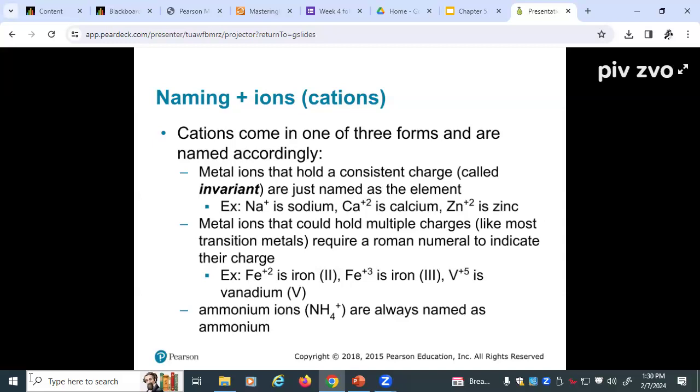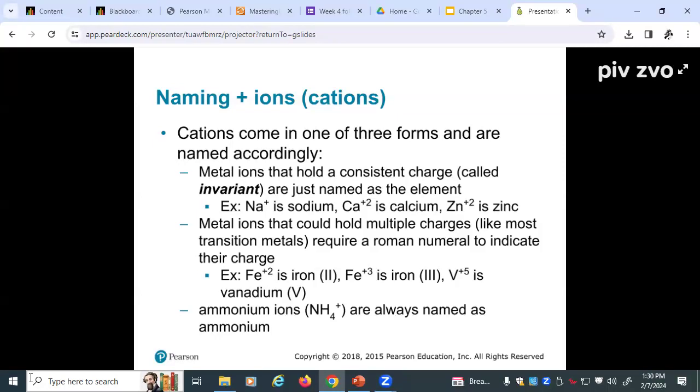So, for example, if I've got iron 2+ here, the name of that ion is iron 2. And the 2 is represented by 2 in Roman numerals, II. Iron 3+ is iron 3, iron III. Vanadium 5+ is vanadium 5, vanadium V.